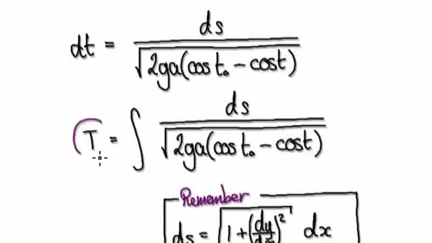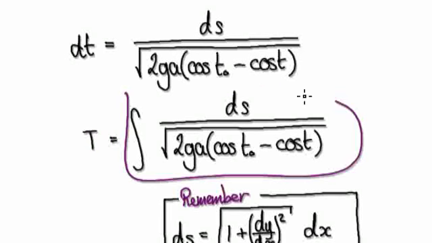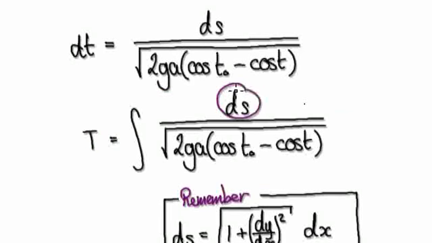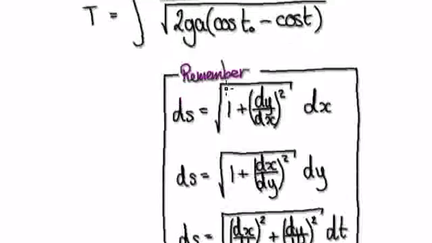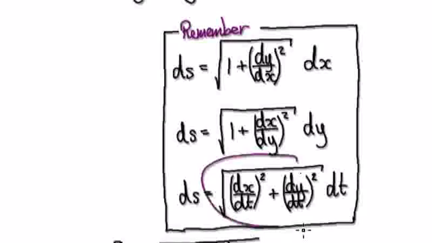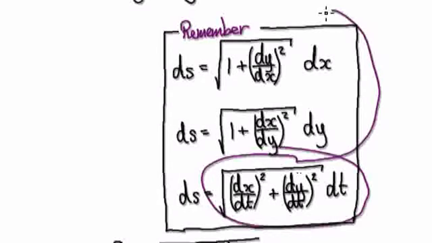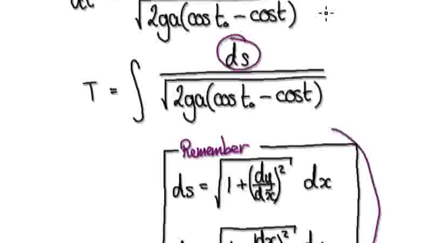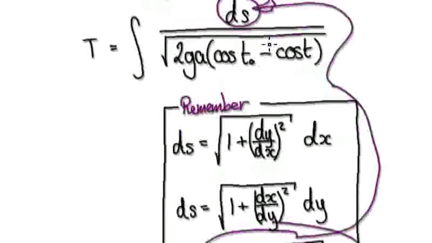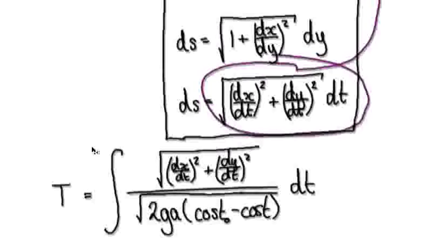If you integrate both sides, that will give you the total time. So the total time is given by this. But let's replace this with this, put this into the ds here, and then that will give us this.